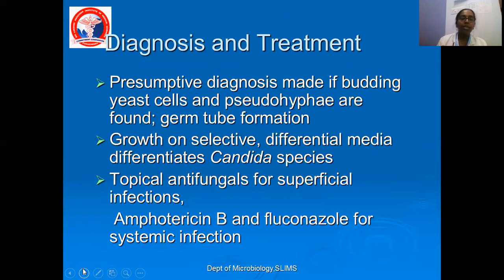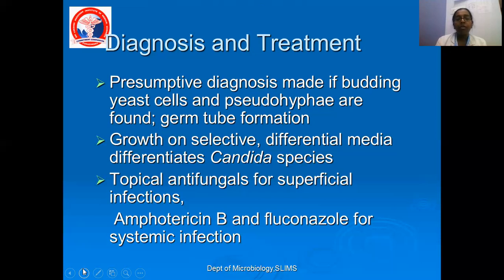The diagnosis is made by taking skin scrapings, which you can see on a KOH mount, the wet mount, or do a Gram stain. You can grow this Candida, which is a true fungus, on Sabouraud dextrose agar, where you can see creamy or pasty colonies, and then we can do a Gram stain.